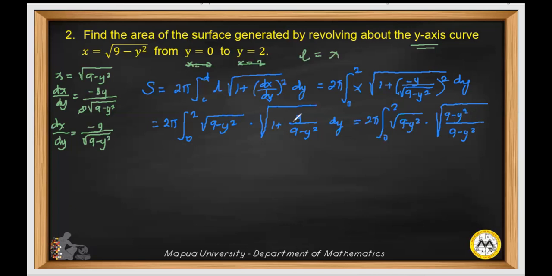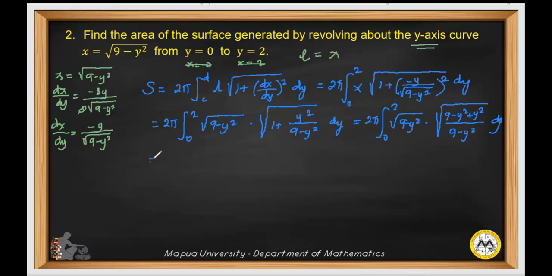Sorry, this must be squared. Negative y raised to the second power is y squared, so plus y squared, dy. Now negative y squared plus y squared will give us 0.